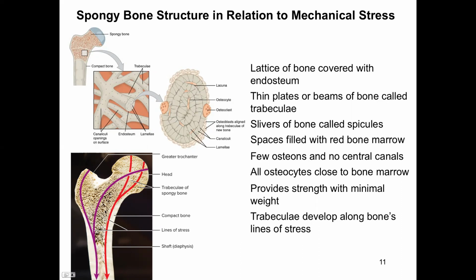Now, imagine how heavy the bone would be if we didn't have spongy bone. The trabeculae orient themselves along stress lines, and because the bone is not completely full of columns of bone like you have in the compact bone, it provides strength, but not as much weight.